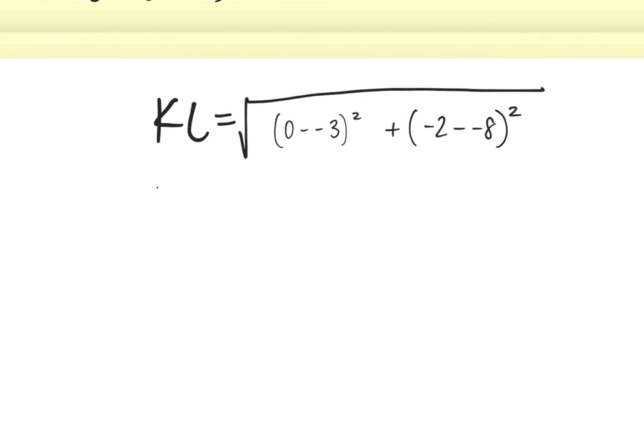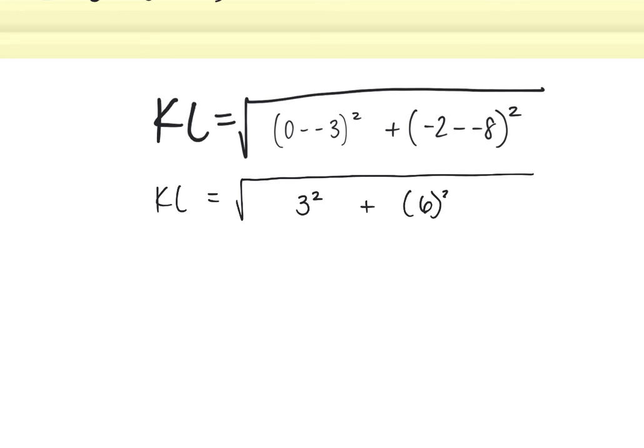So KL equals the square root. 0 minus negative 3 is going to be positive 3 squared, plus negative 2 minus negative 8 is going to give me positive 6 squared. So this is going to be KL equals 3 squared is 9, 3 times 3 is 9, plus 6 times 6, which is 36.